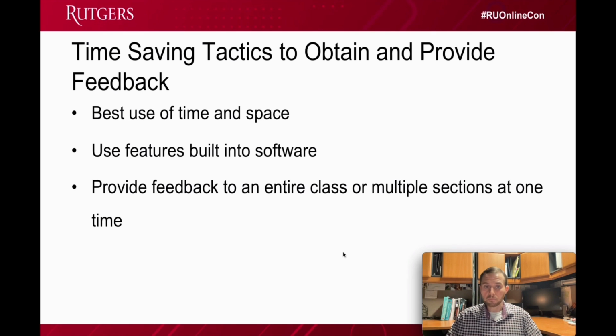Last thing on this slide, provide feedback to an entire class or multiple sections at one time. I know this is not always feasible. However, think about it this way.